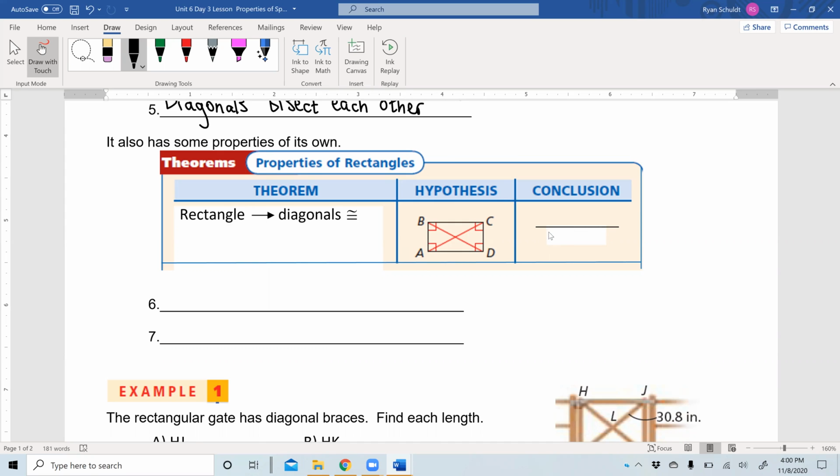So that is to say that AC is congruent to BD on a rectangle.